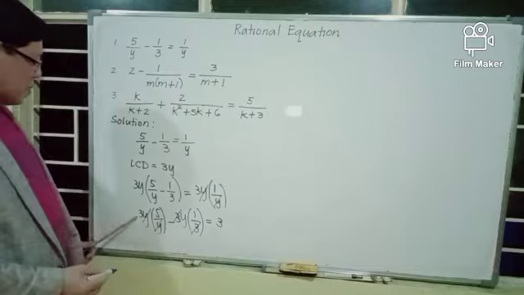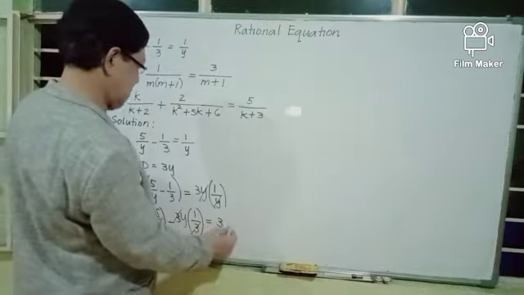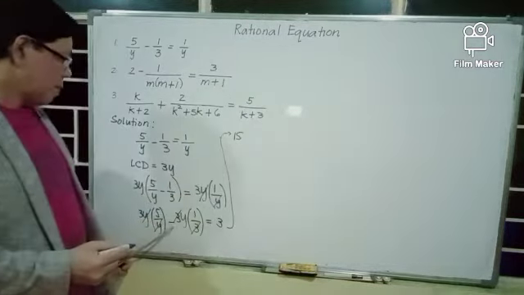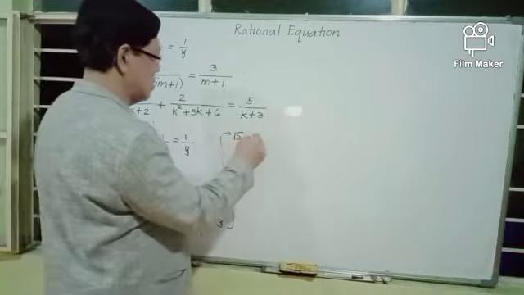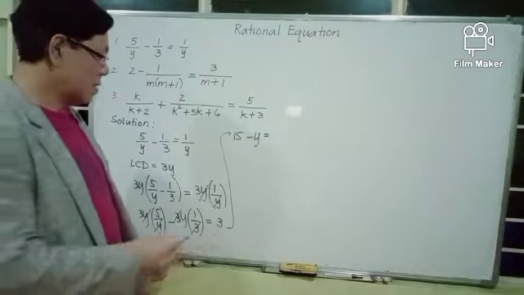And you get 3 multiplied by 5 is 15. Minus y multiplied by 1 is y. Equals 3.